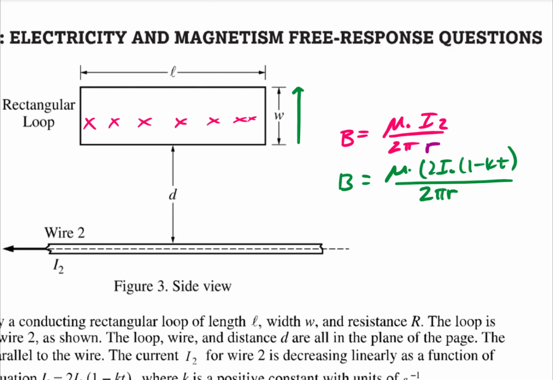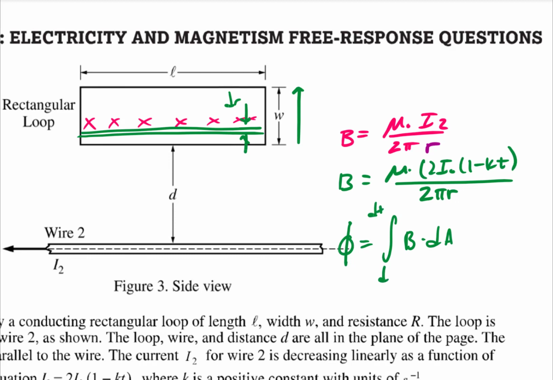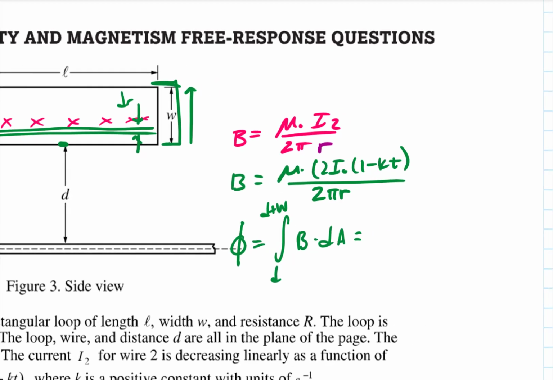So if I want the flux, I have to take this and slice it into tiny little pieces of differential area that are length L long and dr wide. So the flux is going to be the integral of B dot dA, and that integral is going from d to d plus w. That's going to get me this length right here. I'd have to start at this location, and it's going to be the magnetic field that we found times the differential area.